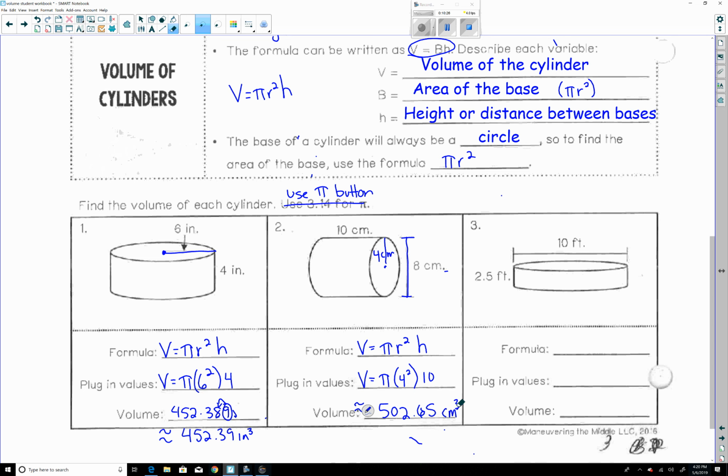So I got 502.65 centimeters cubed. Go ahead and do number 3.